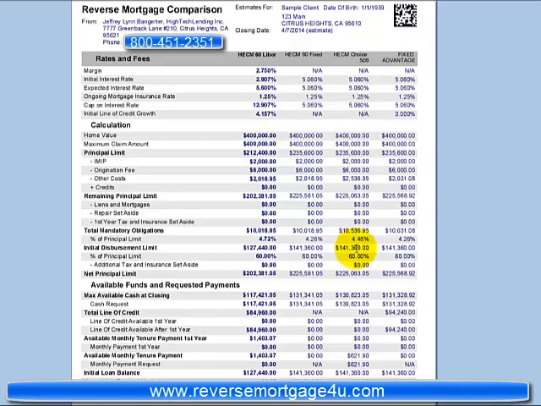$141,360 again is the initial disbursement limit, but then they use their 60% rules on the $225,000 and say you can only get $130,000. So $130,000, a tiny bit less than this because we had a couple hundred more in fees. But what's really interesting is you can get the $130,000 and we'll give you $621 a month for the rest of your life in a monthly 10-year payment.